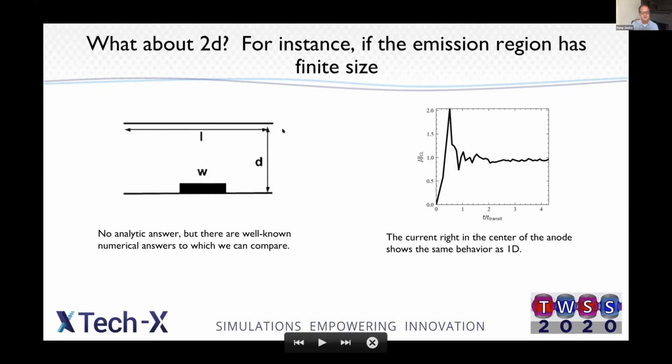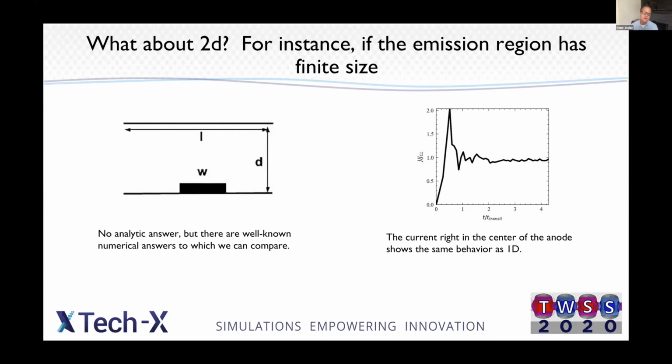It's still just a parallel plate system with a constant voltage, but now instead of letting the electrons emit off the entire cathode, I'm just going to pick a region, width W, and emit from just that region. So now there's going to be edge effects. It's not a purely 1D system. And there are no necessarily analytic answers here, like we had before, but this test problem has been published by a number of folks, and so we have things we can compare to code.